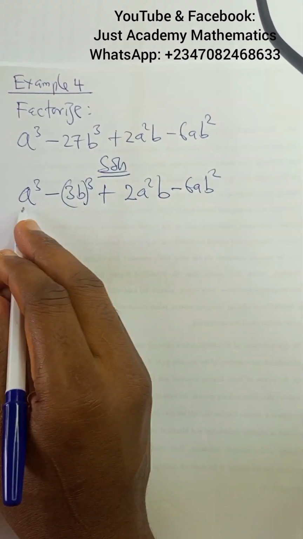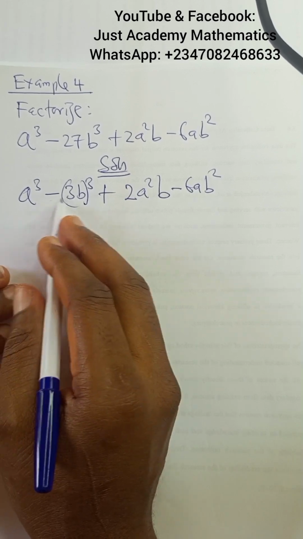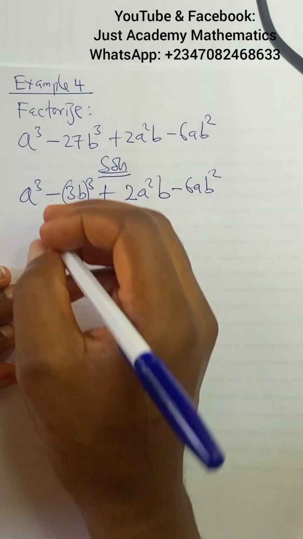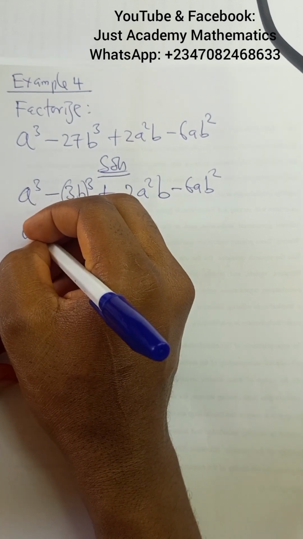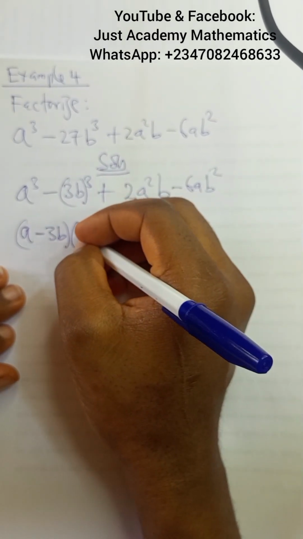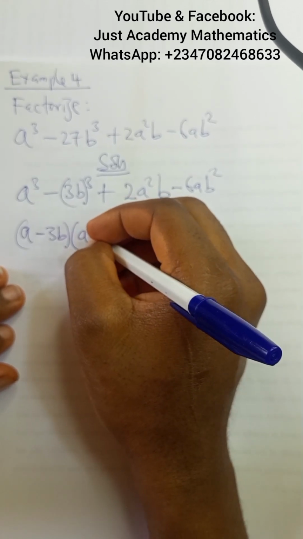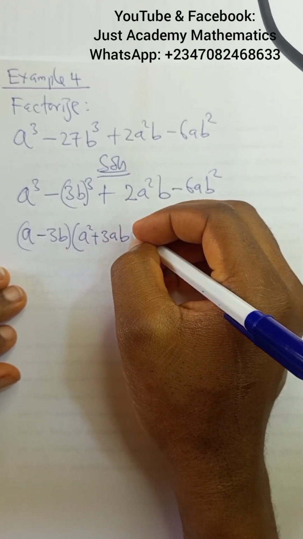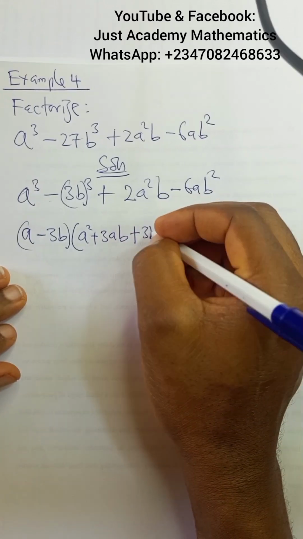So this one, we know the rule already. I've shown you 2 already. If we apply the identity of this, we will now get (a − 3b)(a² + 3ab + 3b²).